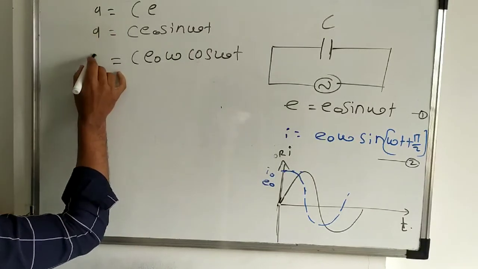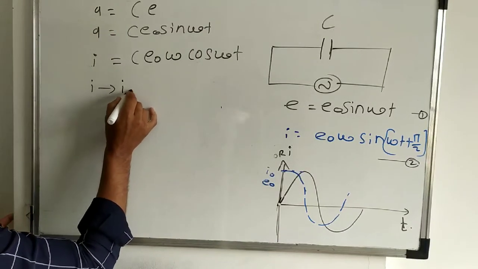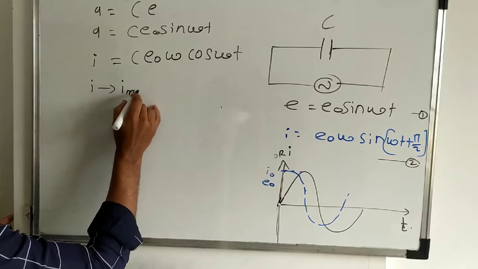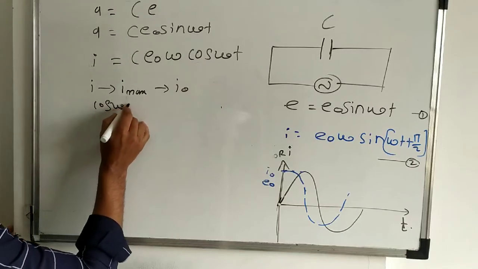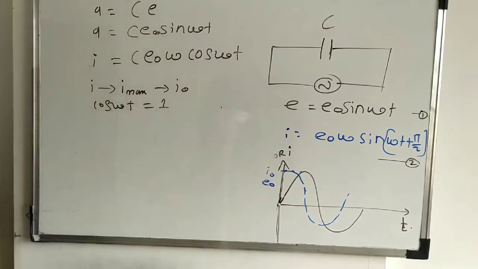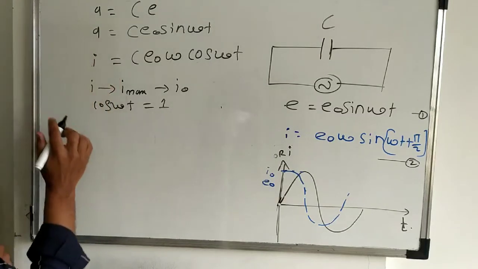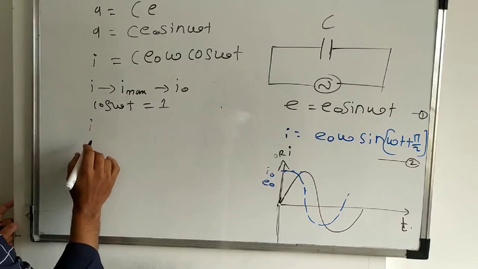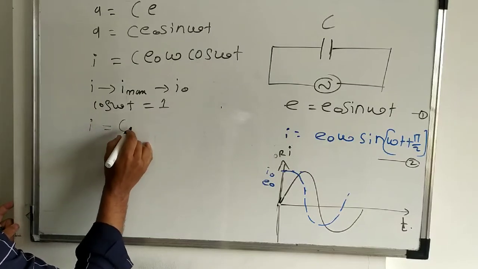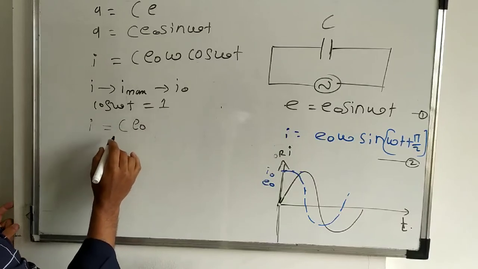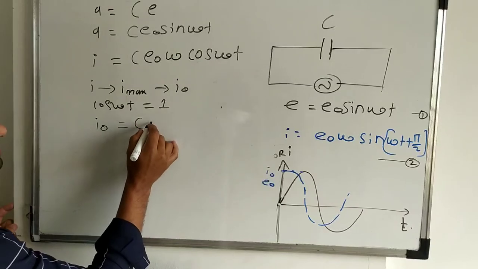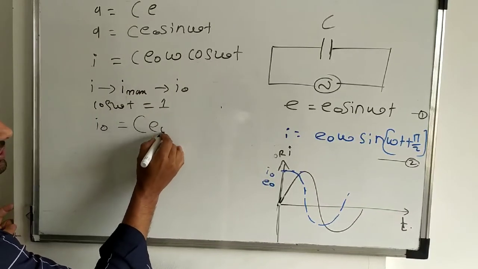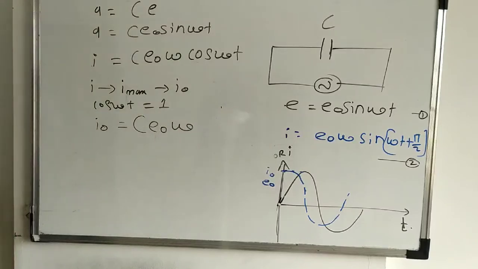When the current becomes maximum, that is the peak value of current denoted by I naught, cos omega t is 1. When cos omega t is 1, I becomes I naught, the peak value of current, which equals capital C E naught omega.